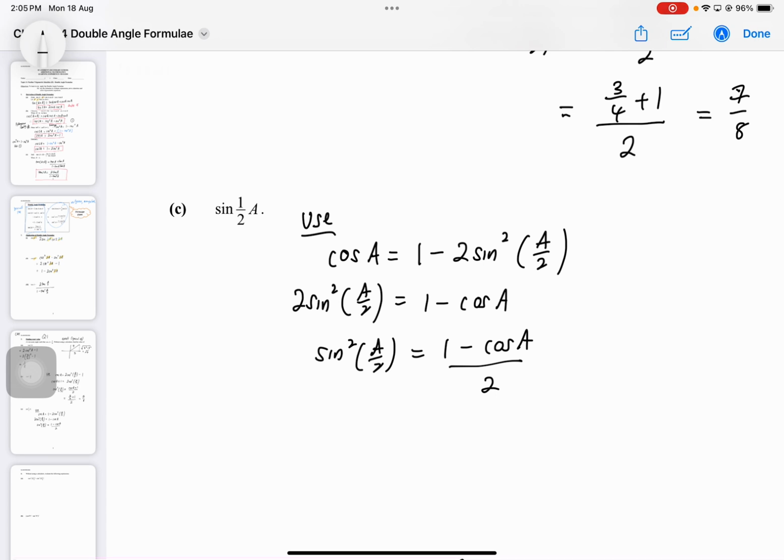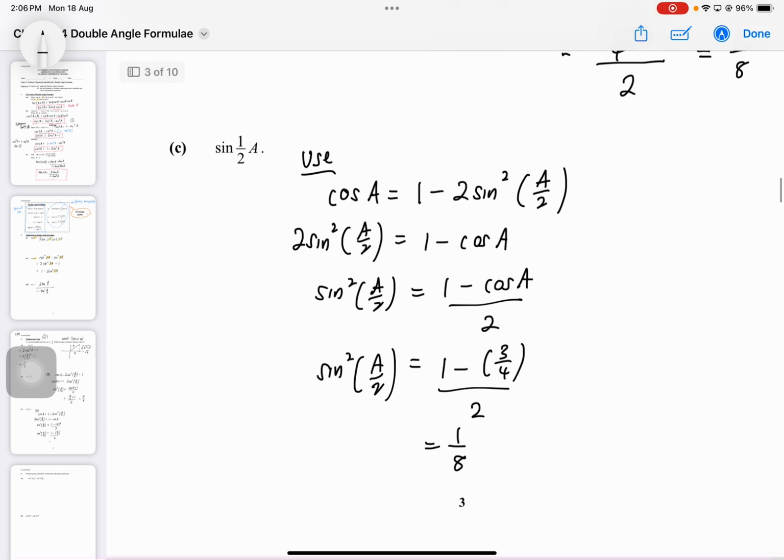Okay, and sub the value of cosine in. 1 minus cos A is 1 minus 7 over 8, over 2. So 1 minus 7 over 8 you get 1 over 8. But I need to find sine A over 2.